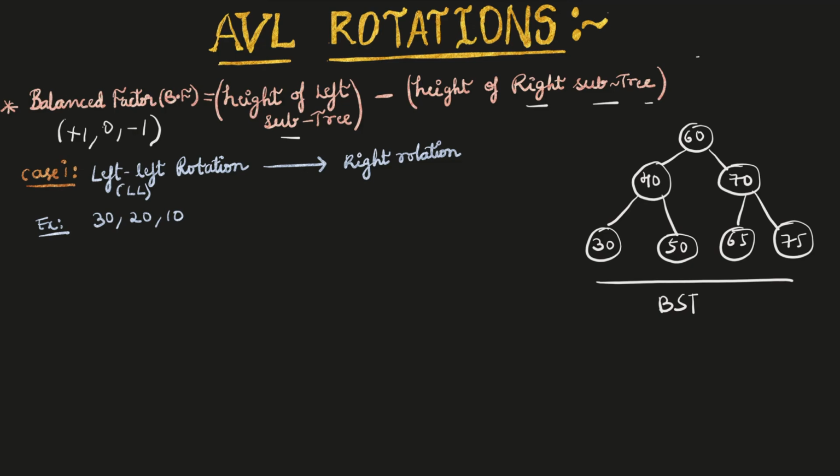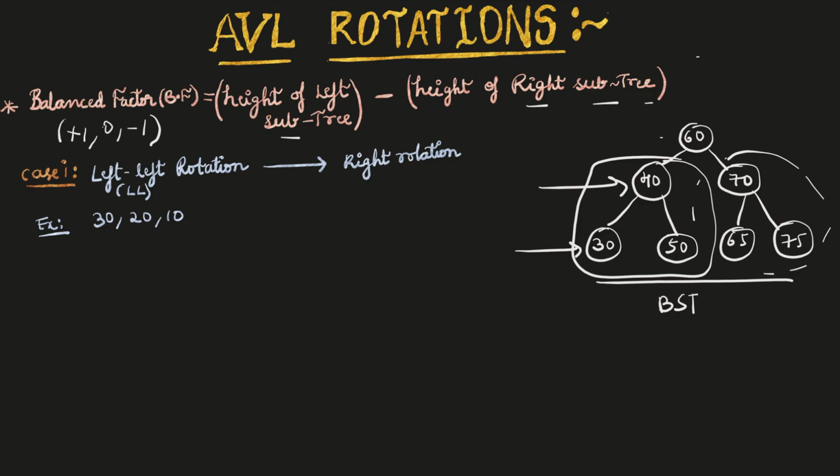So let's see how we calculate the height of the left subtree. From 60, if you want to calculate the height of the left subtree, this is the left subtree and the rest over part is the right subtree. To calculate its height, we need to see the number of levels it's having. It is having 2.